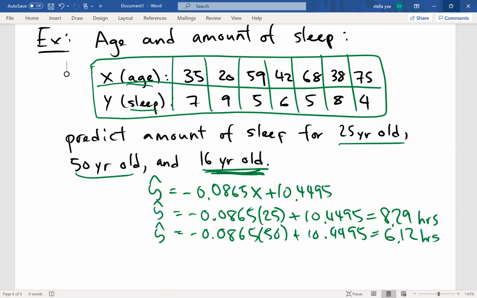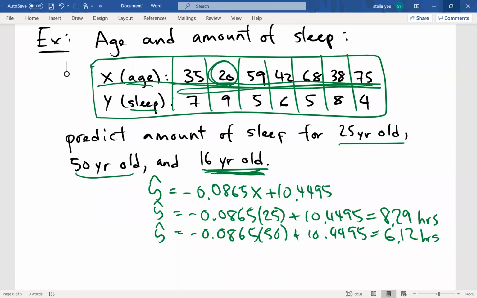If you look at the x values for the given data set, 16 years is outside of the range of the original set. In fact, the youngest person in this data set is 20 years old, which is older than 16. So this is an extrapolation.